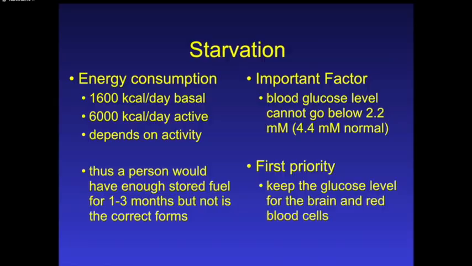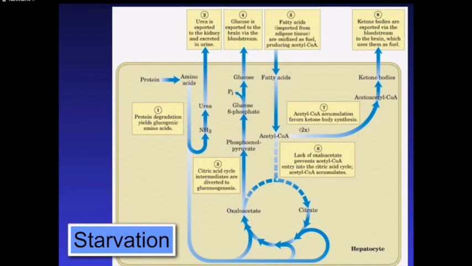One other thing I'd like to talk about, just as an aside, is what happens when you undergo the Atkins diet. The Atkins diet is a way to lose weight very, very rapidly. What happens is you intake lots and lots of protein, and lots of fat as well.